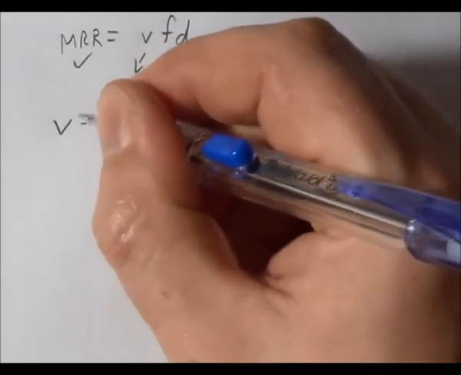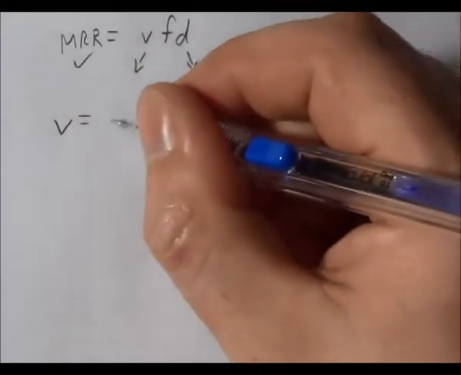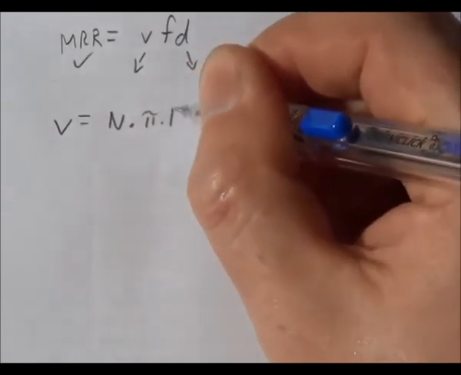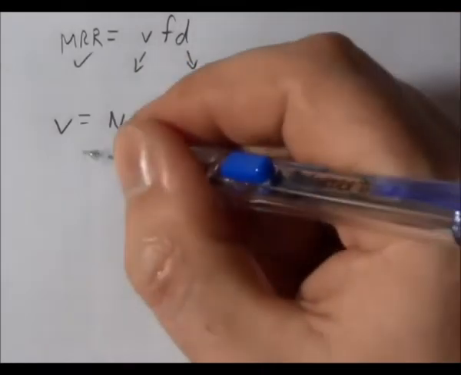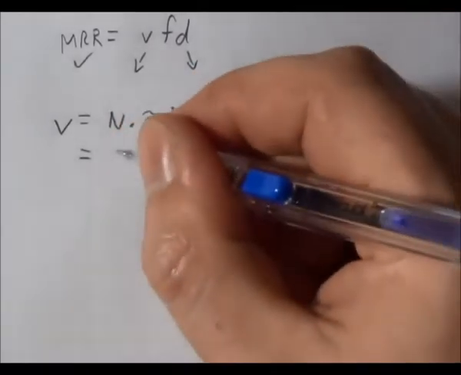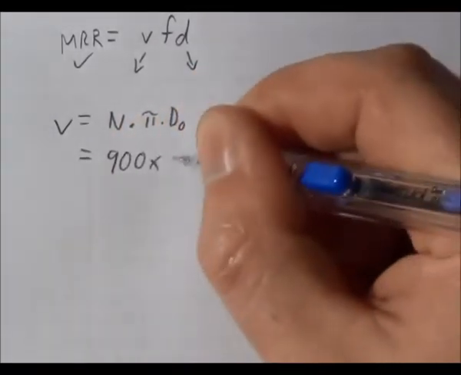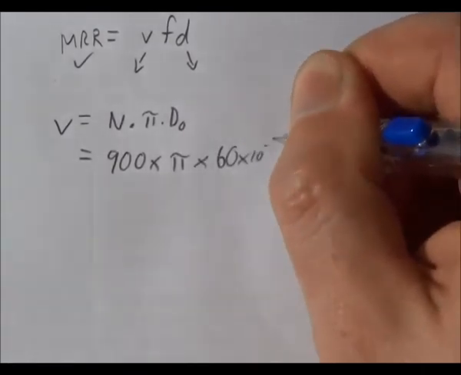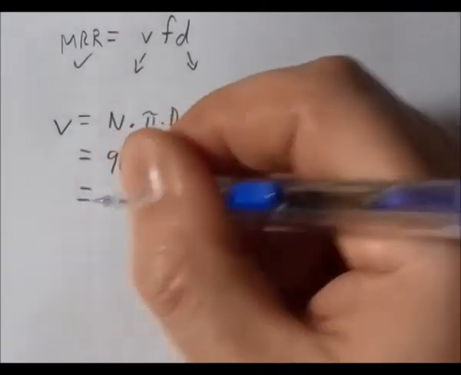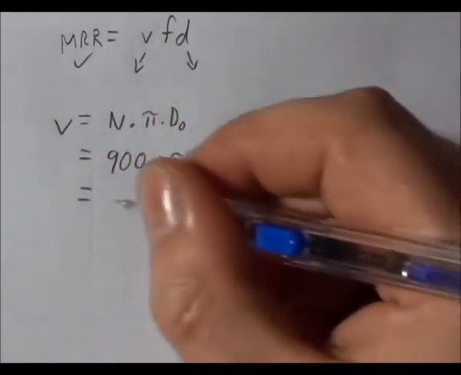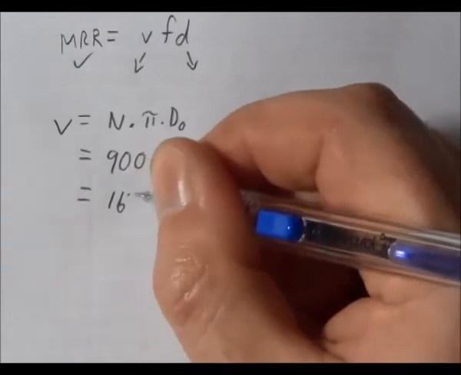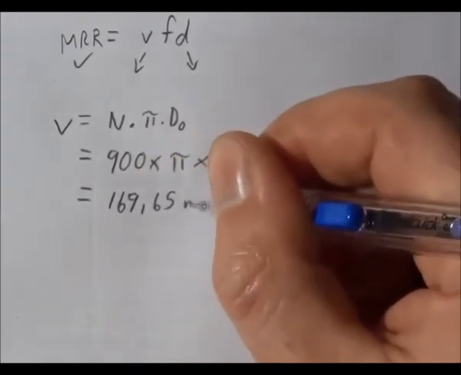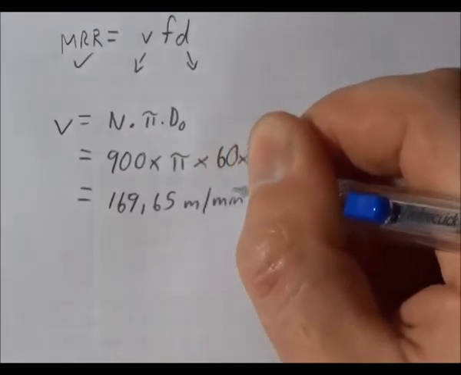So V is equal to N times pi times our outside diameter, which is equal to 900 times pi times 60 times 10 to the minus 3, gives me 169.65 meters per minute.